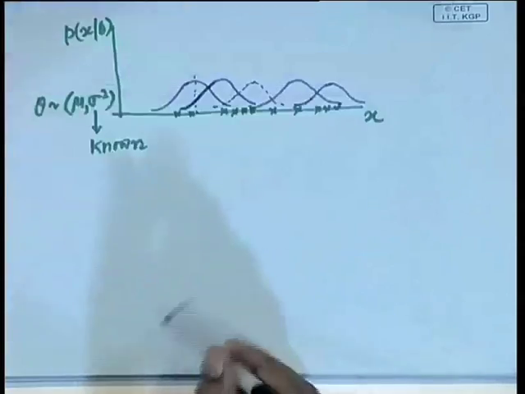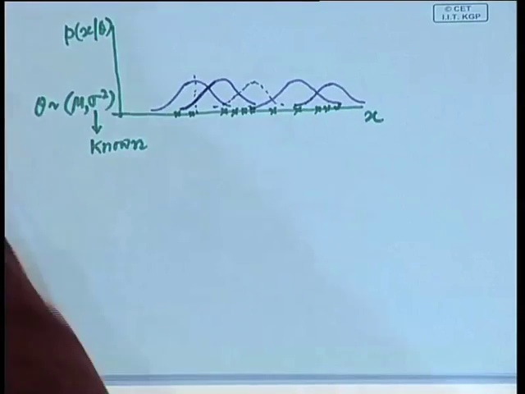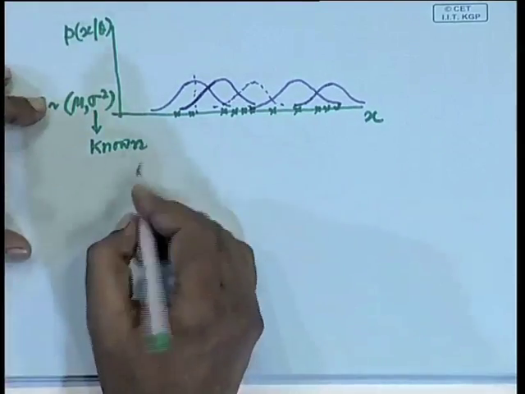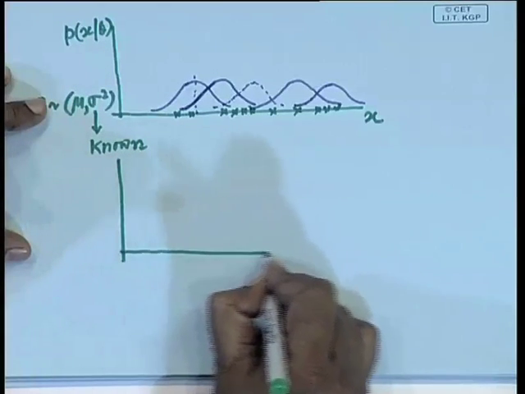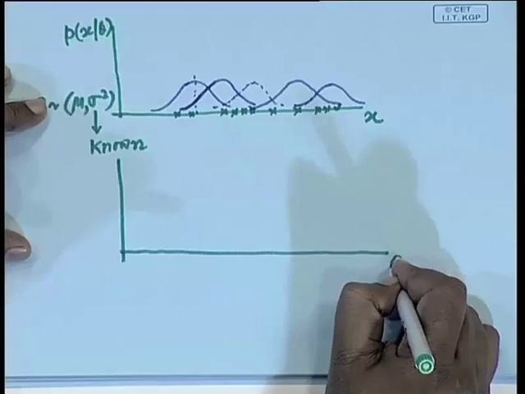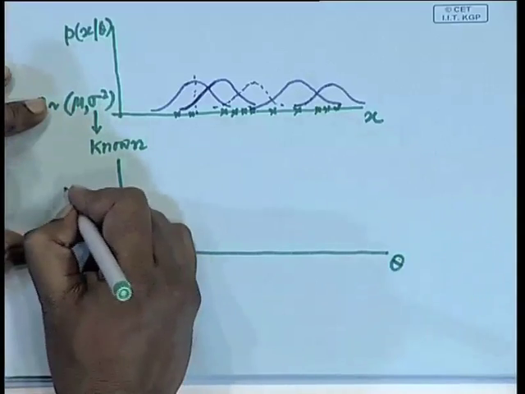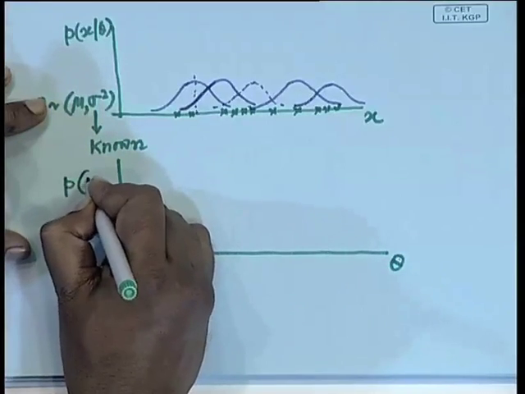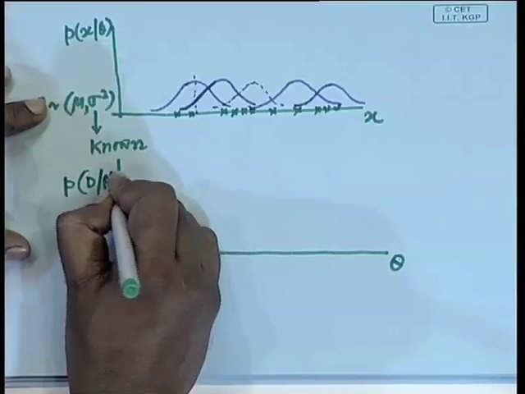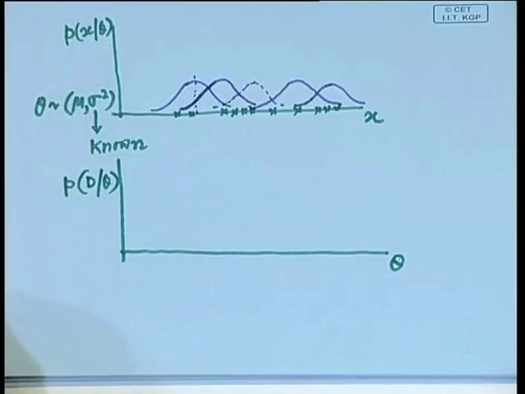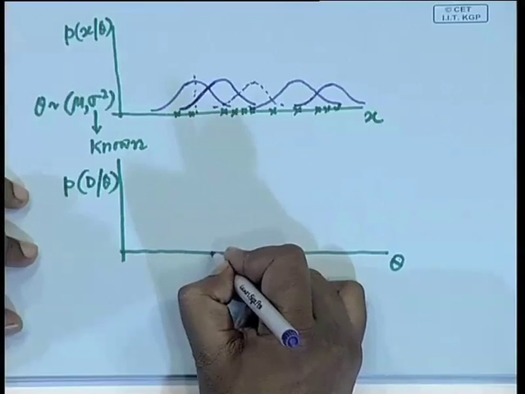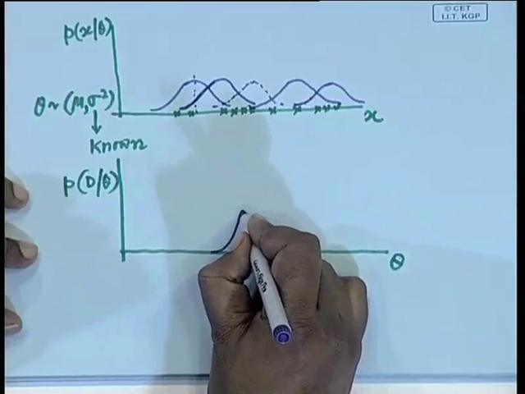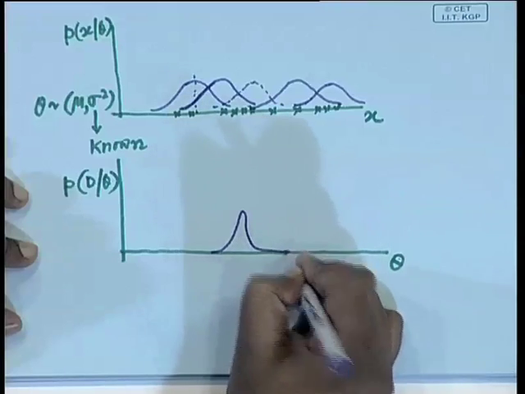Similarly, if I now plot p of D given theta with respect to theta, you will find that this plot will be something like this.